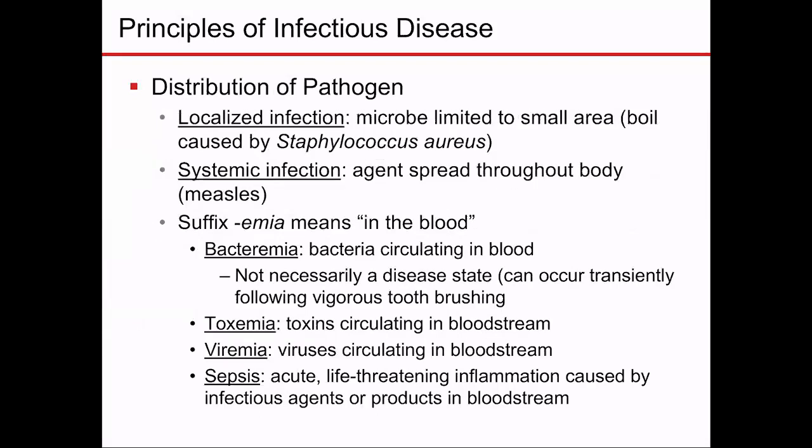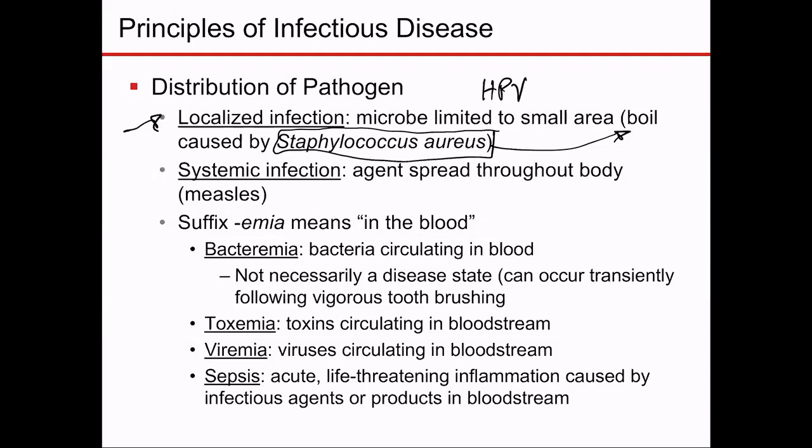We can also classify the infectious diseases based on the distribution of the pathogen in the host. We have the case of localized infections. That means the site where the pathogen starts the infection is the site where the infection is going to be limited. It will be limited to that particular area. For example, Staphylococcus aureus causing skin infections like a boil, or human papilloma virus causing infection in the epithelium.